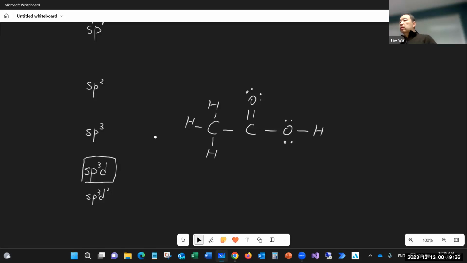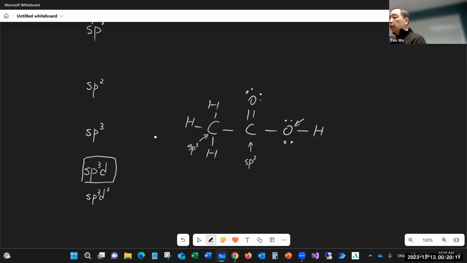This is acetic acid. Okay, so what is the hybridization for this carbon? sp3, yeah. That's good because this carbon has a 4 electron domain. So this is sp3. What is the hybridization for this carbon? sp2. Okay.